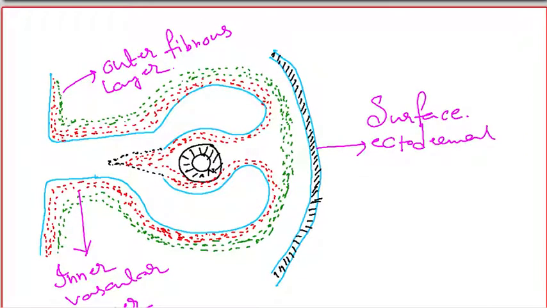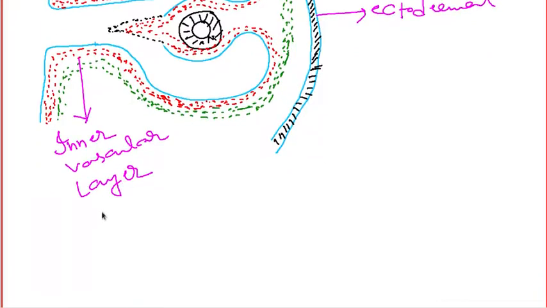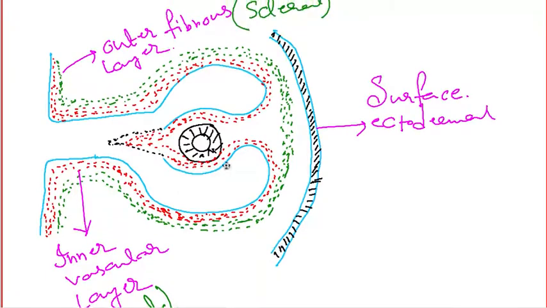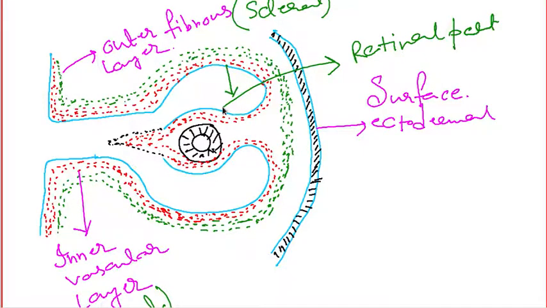So the outer fibrous layer is the scleral part. The inner vascular layer is the uveal part. And the rest of the part is the retina part. I have already told you the outer part will be retinal pigment epithelium, and the inner part will be the rest of the 9 layers of the retina.